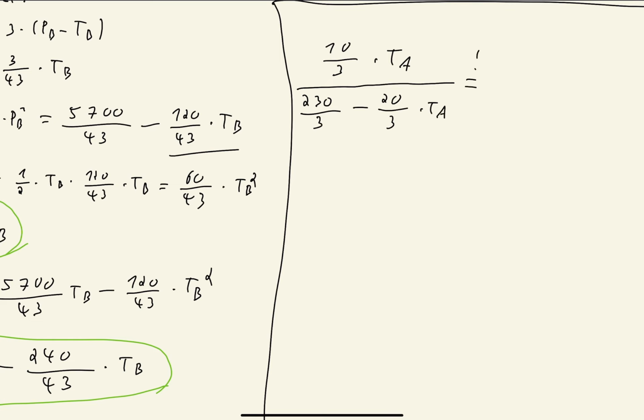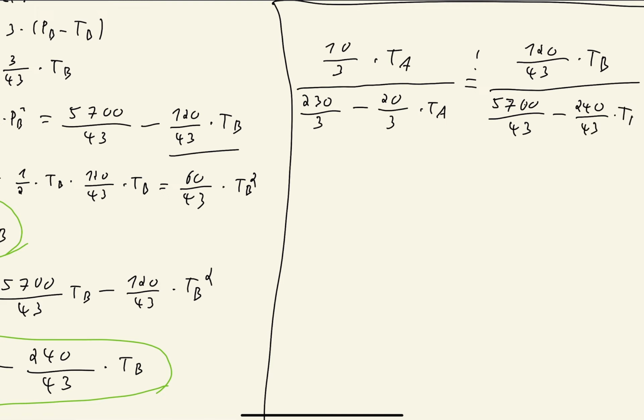This should be equal to 120 divided by 43 times TB, which is the marginal dead weight loss of bananas that we calculated before, divided by 5,700 divided by 43 minus 240 divided by 43 times the taxes on bananas.